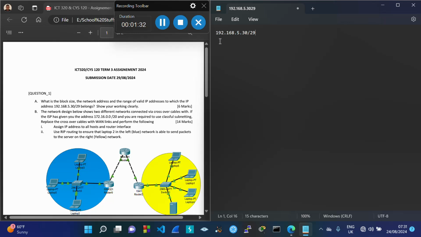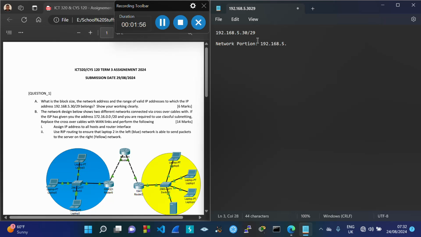It belongs to class C. If it's a class C, it means this portion up to here is the network portion.